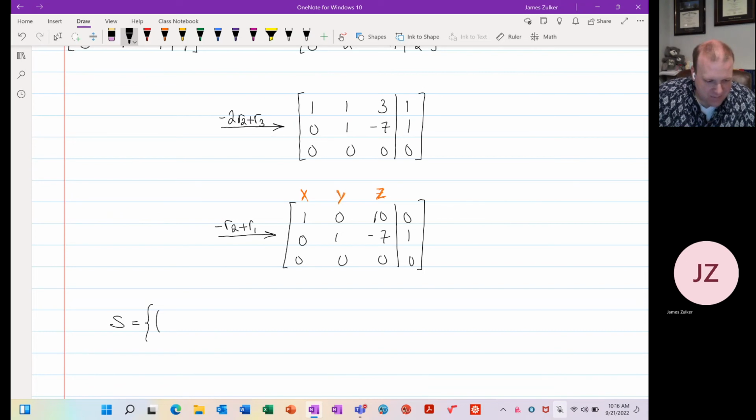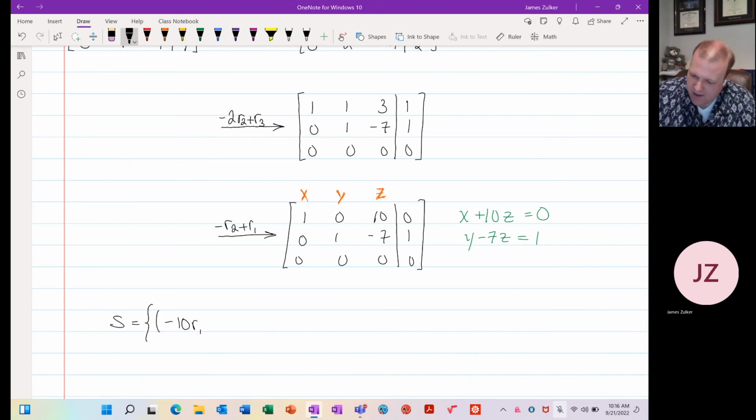Well, then X is of the form negative 10R, right? Because, again, this first equation is this. The second equation is this.